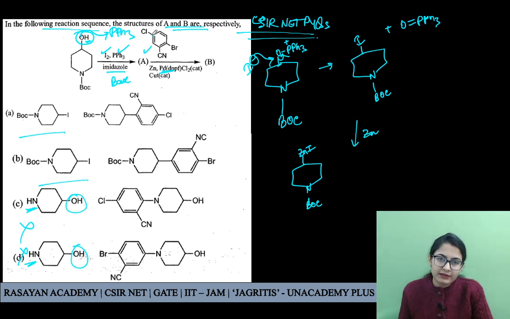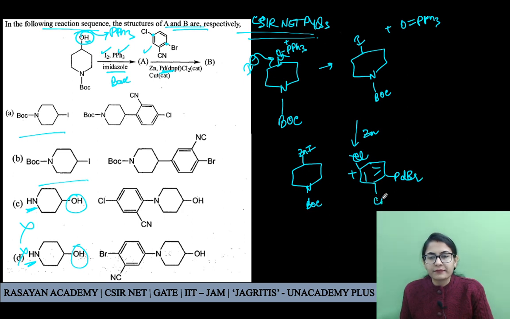You have two halogens once again. So the more polarizable bond is going to break first, and that is definitely going to be your bromine. Okay, yes, so you are getting the coupling on the side of bromine, right?